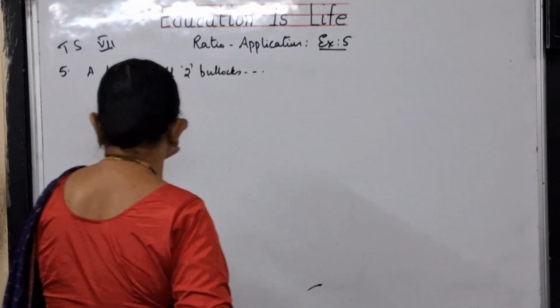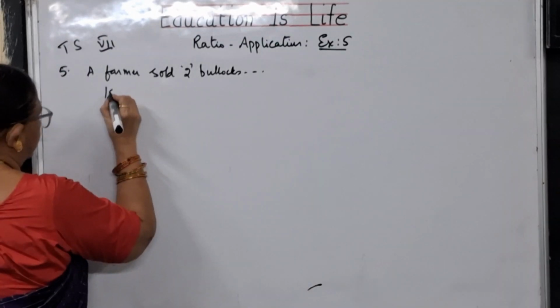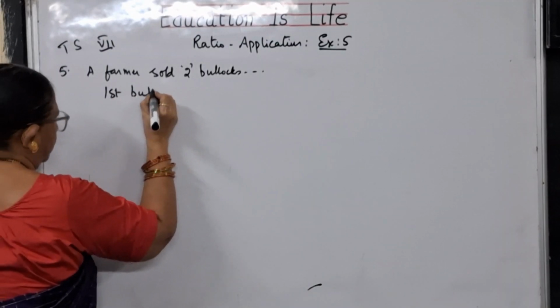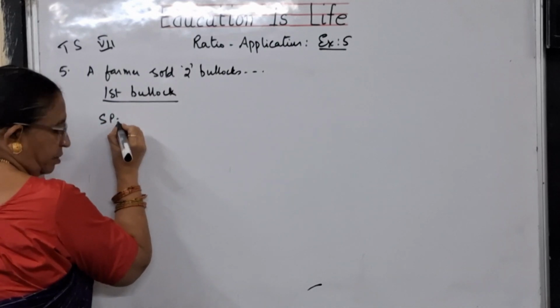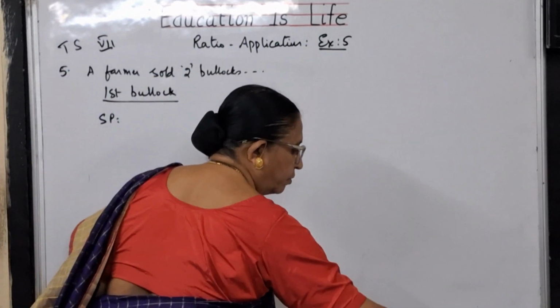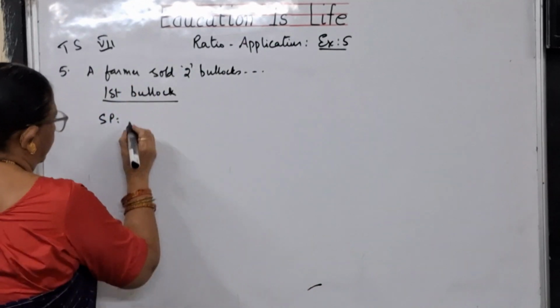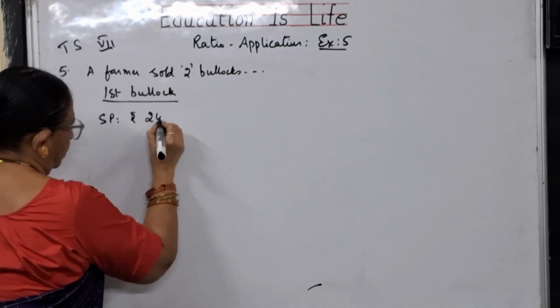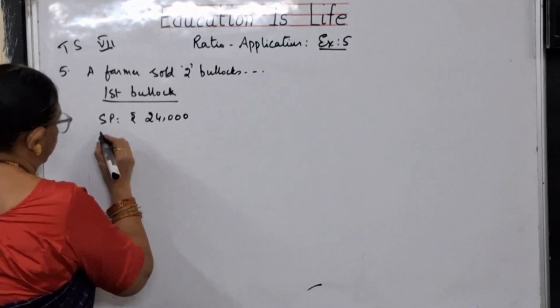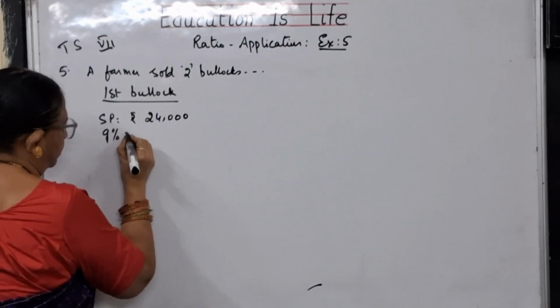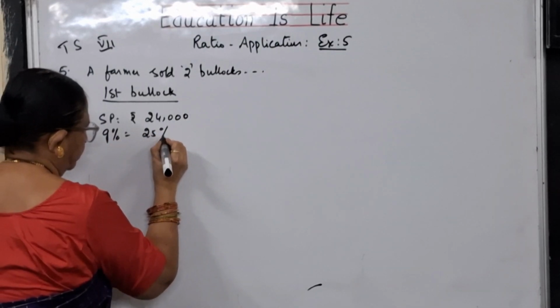So let us talk about the first bullock. Selling price, he has sold, no? First bullock selling price is rupees 24,000. And first bullock he has sold for a gain percent of 25%.